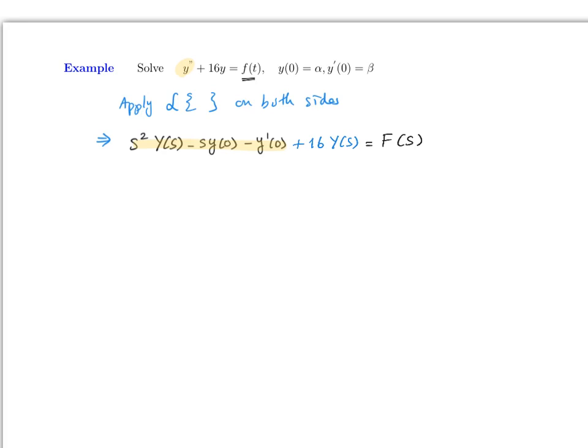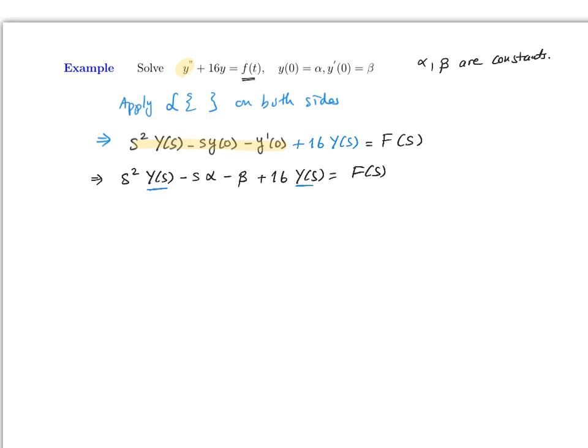Here, for the initial conditions, alpha and beta are constants, just as they had been all along. So you plug it in, and we end up with s squared Y of s minus s alpha minus beta plus 16 Y of s equals F of s.